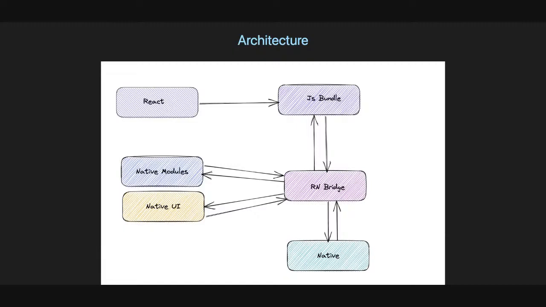So these are native modules, where the native code can reside in the same project as well as in the project's standard libraries. For example, say we have a pure Android application itself.